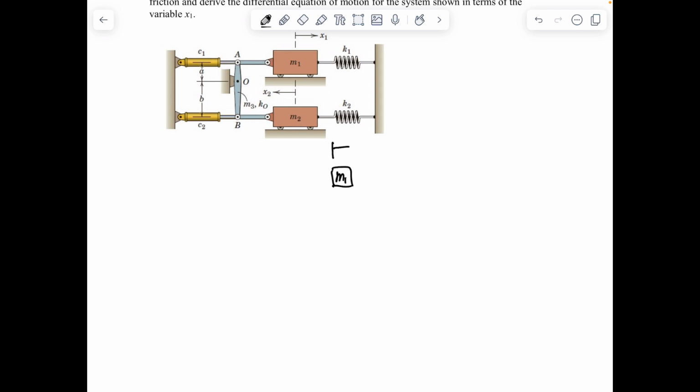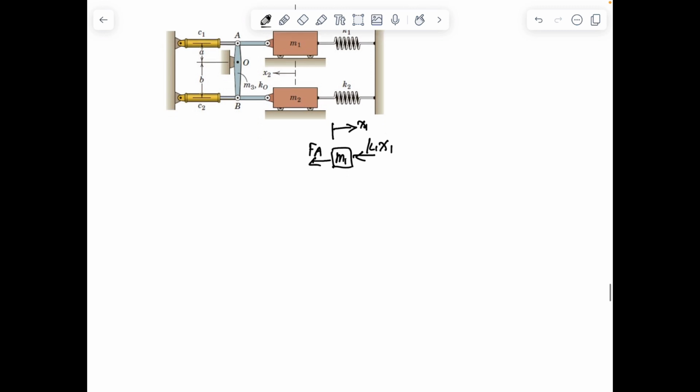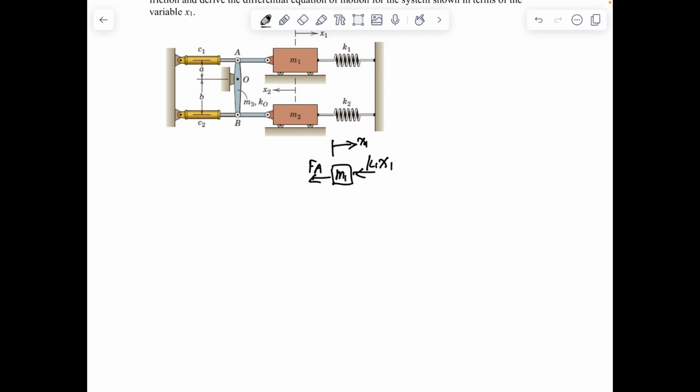if we say this is our x1 direction, then m1 has k1 x1 and also Fa from the bar. For m3, it has the force from the bar, which is Fa also, and we define this direction as xa.